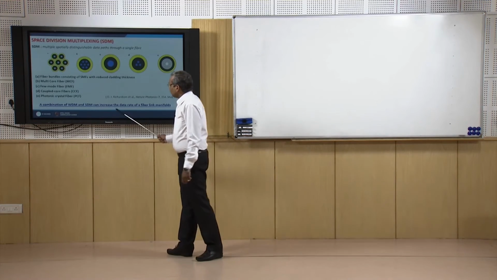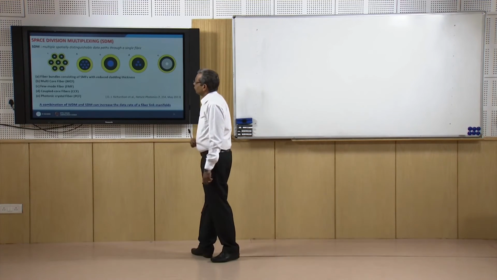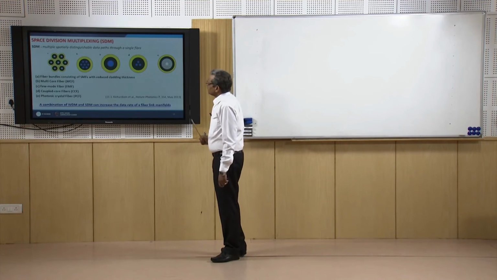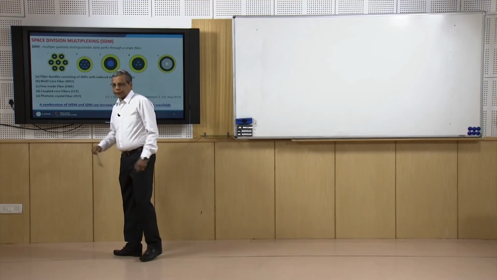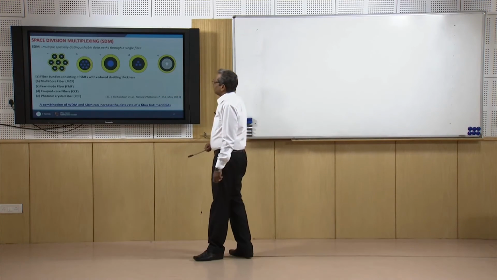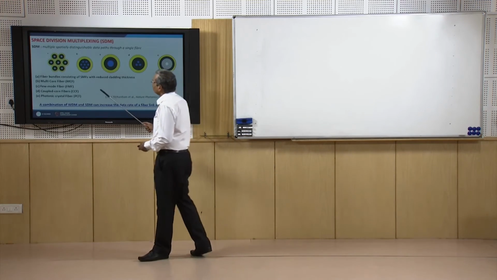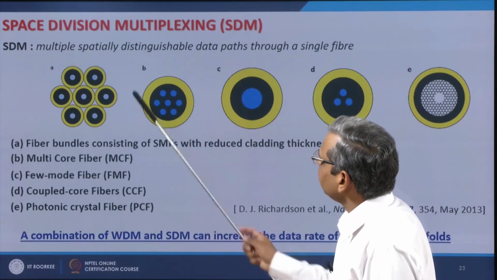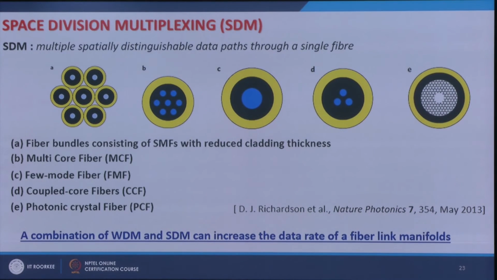This is again from the same paper in Nature Photonics, where they have summarized the developments in SDM systems, where people are now looking at multiple spatially distinguishable data paths through a single fiber.